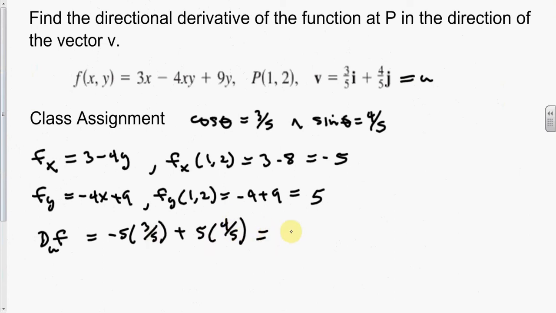And yes, you get 1. Yeah, I was moving too fast. Good, good. So you got 1. Wonderful. Any questions?